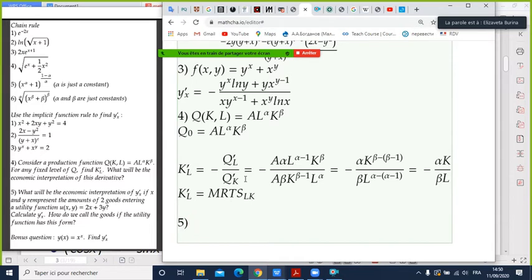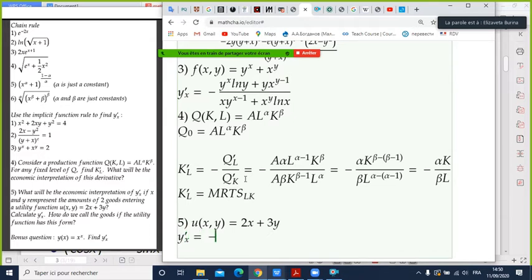So what will be the economic interpretation of y prime x if x and y represent the amounts of 2 goods entering a utility function y of xy equals 2x plus 3y? We calculate y prime x.